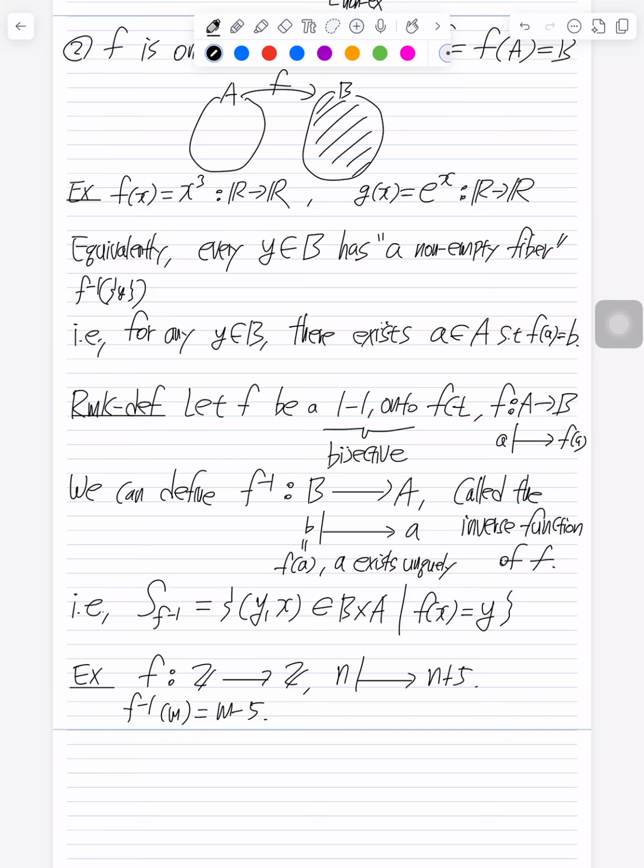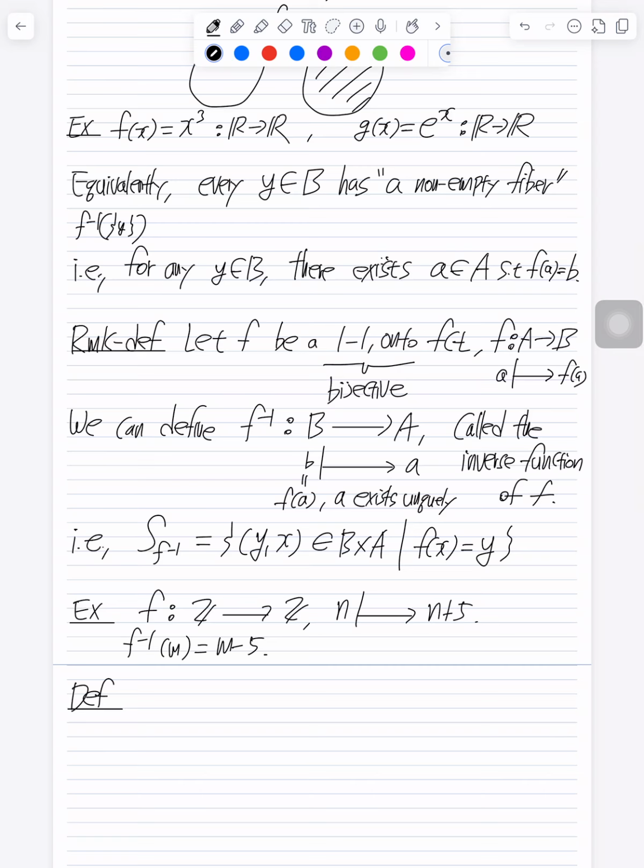So formally speaking, in such a scenario, you can talk about composition. Let's talk about composition to describe this inverse in a more mathematical way.